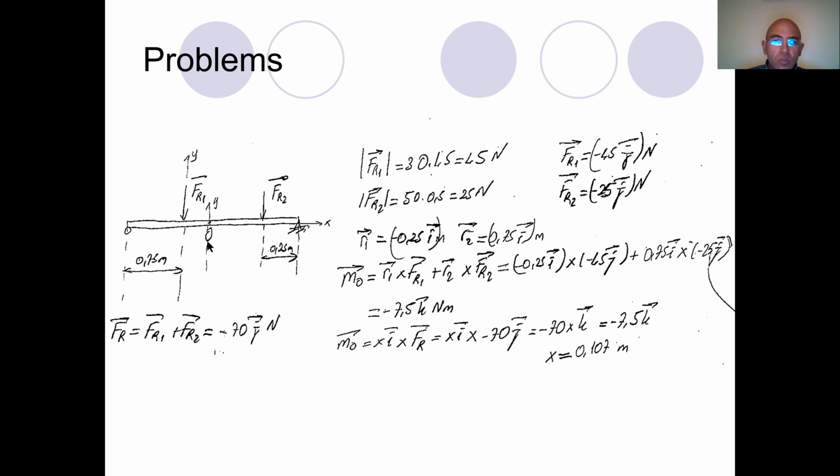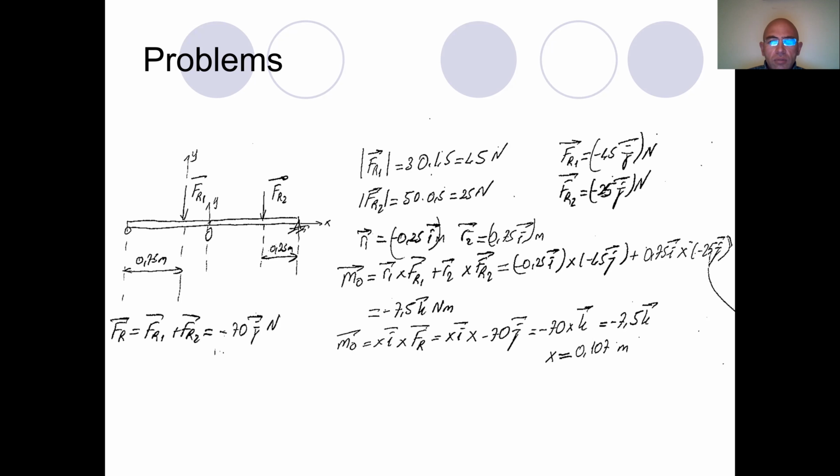Since the load is distributed, it will act at the center, which is 0.75 meters. We will find it as well. And we can say that FR2 acts at the distance of 0.25 meters.